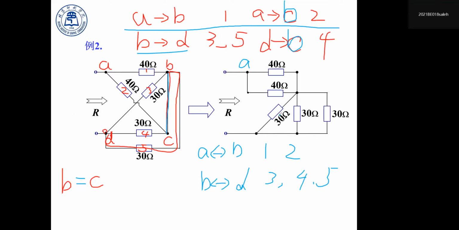So this is point A, and this is point B, and this could be called point C or point B or wherever, because those two dots are the same one, and we can call this stuff point D. So we just replace all this stuff.